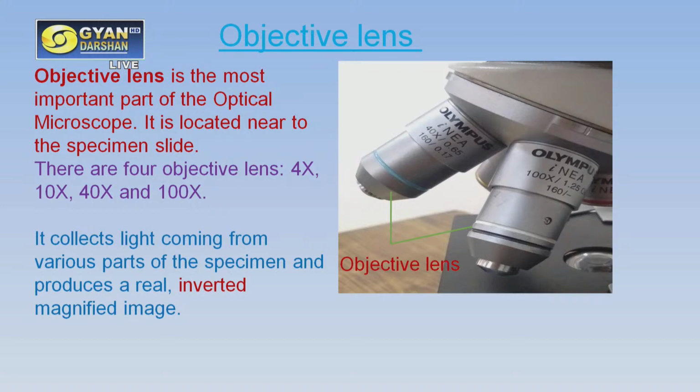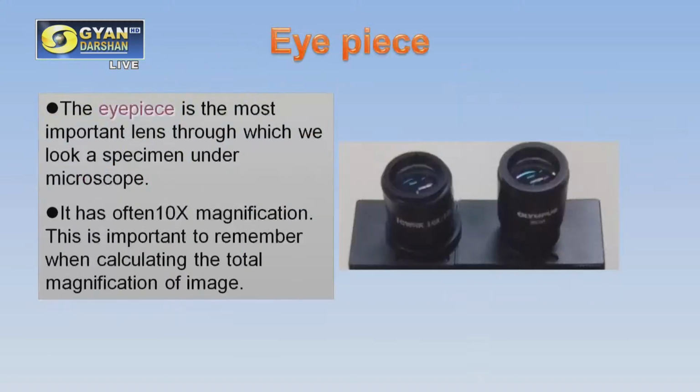You can see in this figure the objective lens. The objective lens is not a single lens; it is multiple lenses fitted together. And second is the eyepiece, which is very important. It further magnifies the image formed by the objective lens. The eyepiece is the lens through which we look at a specimen under the microscope.